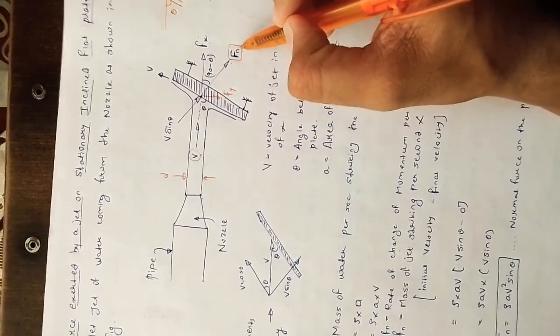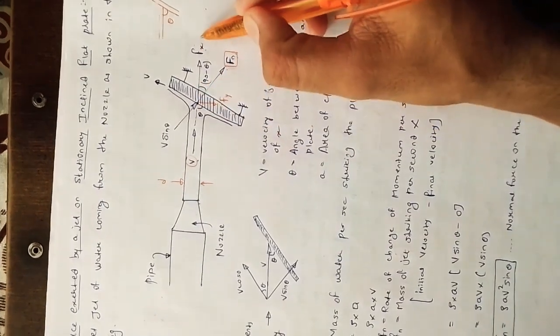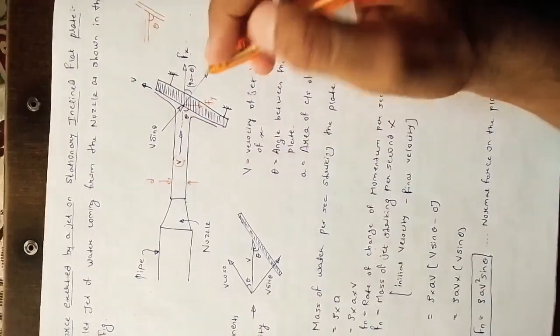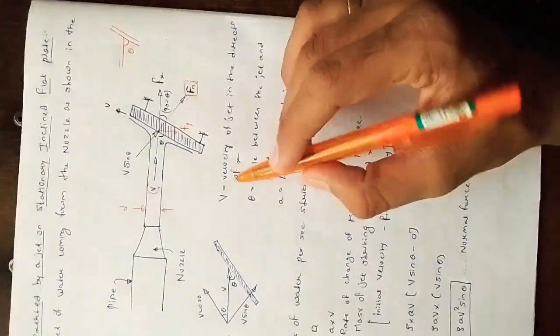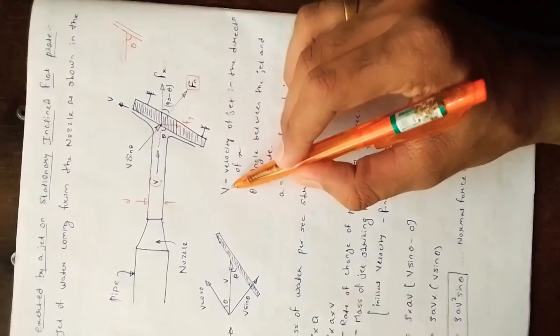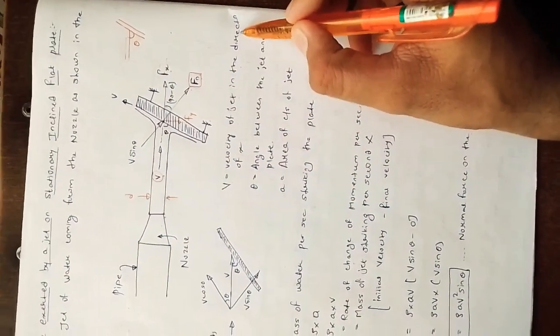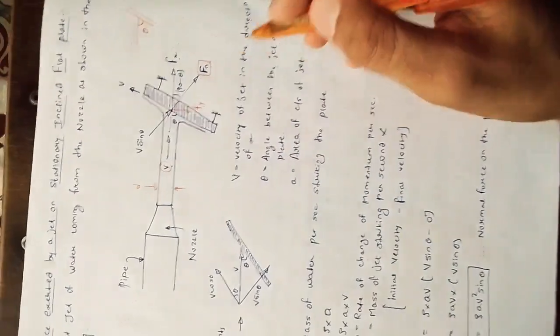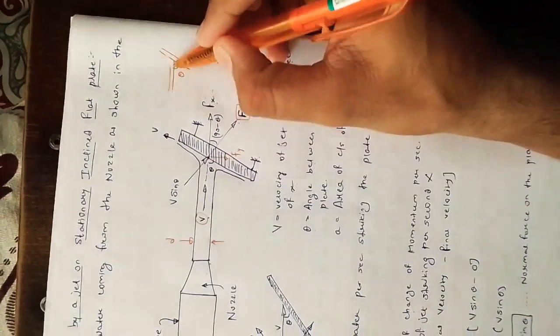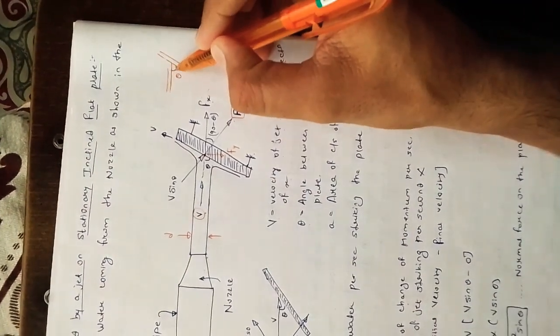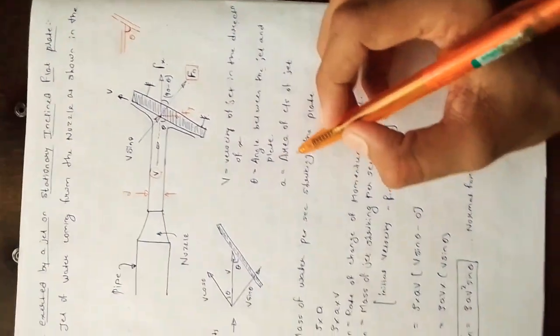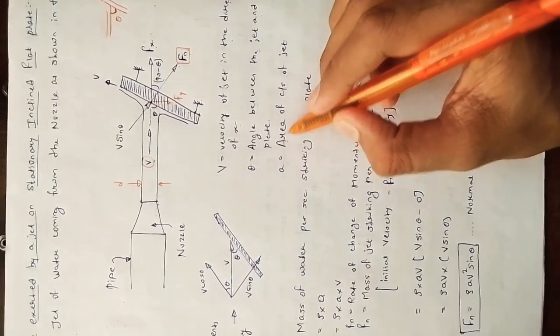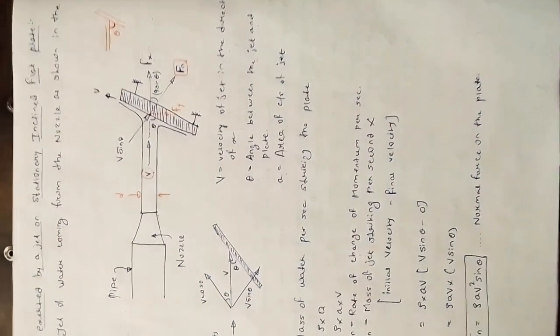So it is normal to the plate, x direction and y direction. For the derivation I have assumed some notation. Let v be the velocity of the jet in the direction of x, theta the angle between the jet and the plate, and A the area of cross section of the jet.